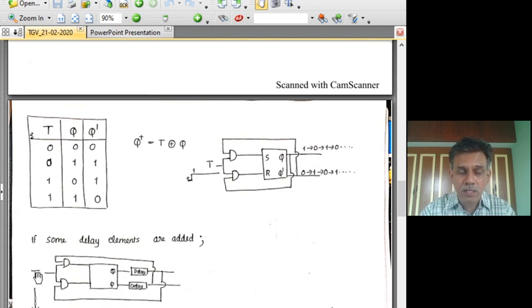So this pulse width has to be sufficiently large for this to happen, but the newly changed Q and Q bar should not have enough time to affect this feedback signal. So this delay has to be larger. As long as the pulse width is larger than the propagation delay of this AND gate and the NOR gate, but less than this delay circuit, this whole T latch will work.